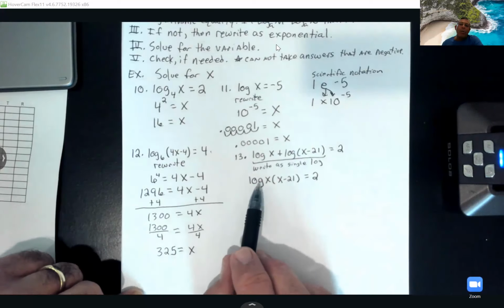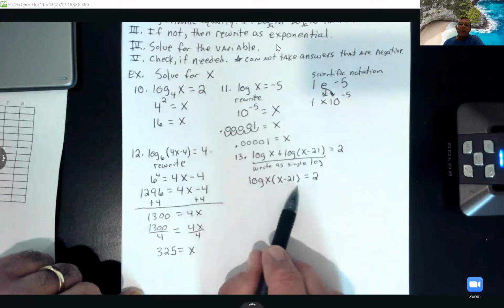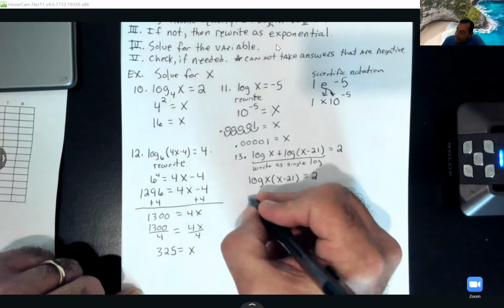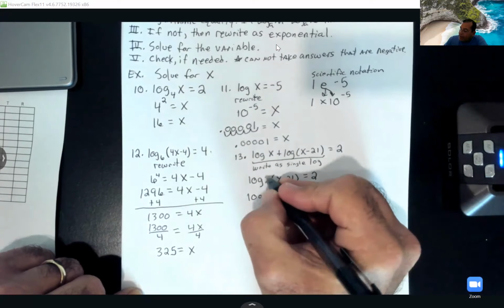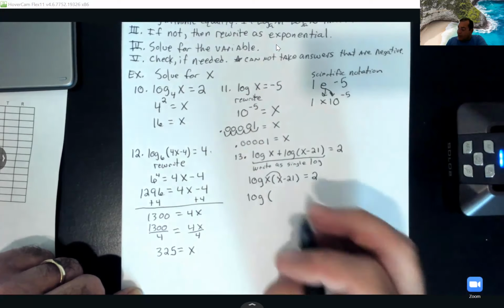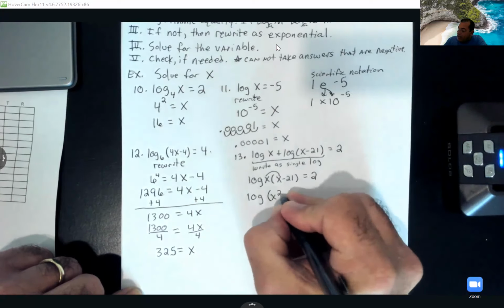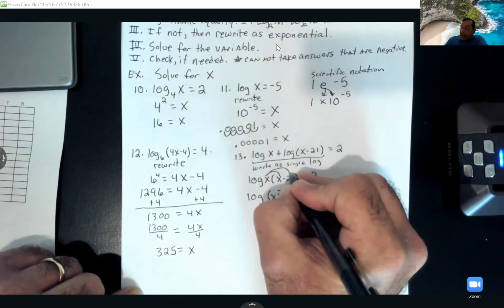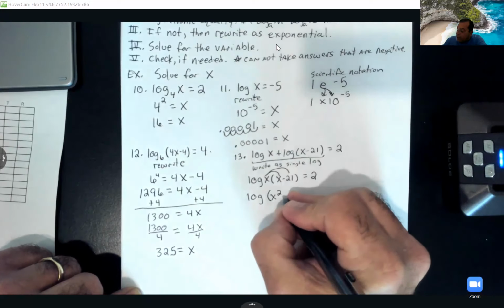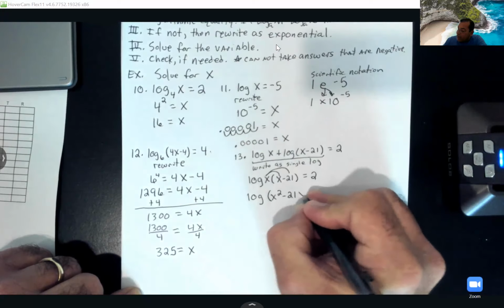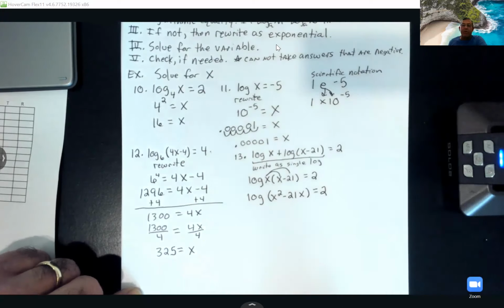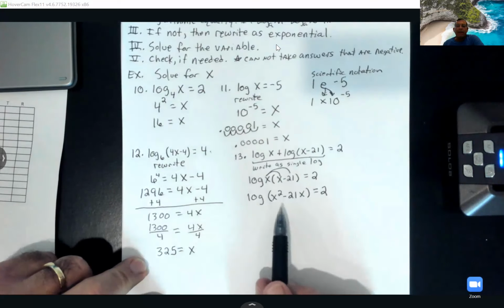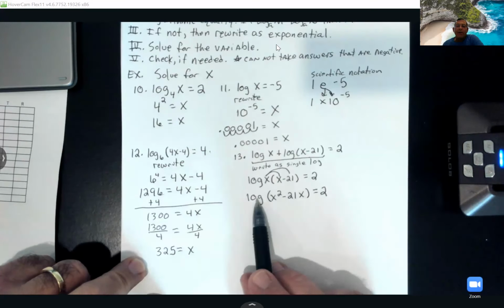Now, I'm going to go one step further and actually multiply this stuff. I'm going to bring down my log. So x times x will give us an x squared. x times negative 21 gives me a negative 21x. All this equal to 2. So now we've got it rewritten as a single log.